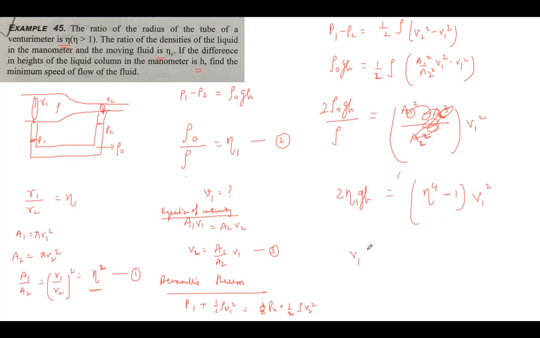So V1 square will be 2 eta 1 g h by eta raised to the power 4 minus 1. So V1 is equal to the square root of 2 eta 1 g h by eta raised to the power 4 minus 1. This is the answer.